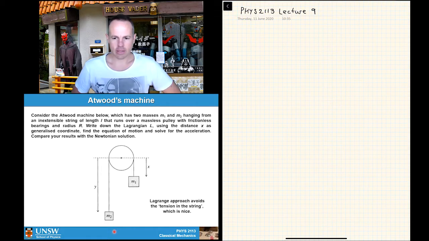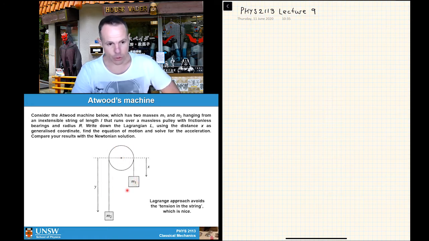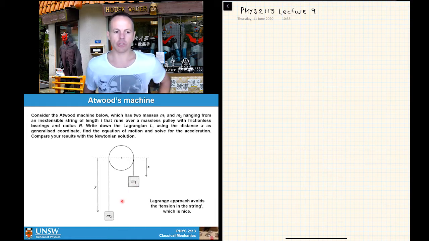First problem is a classic first year mechanics problem called Atwood's Machine. What we have is a pulley on a frictionless bearing, and there's a string running over the pulley with 2 different masses, m1 and m2, connected to opposite sides of the string.